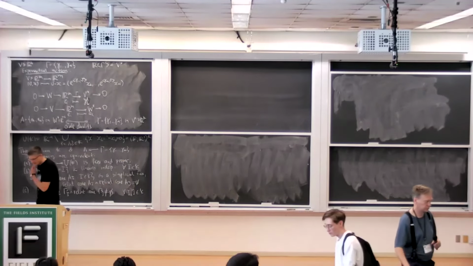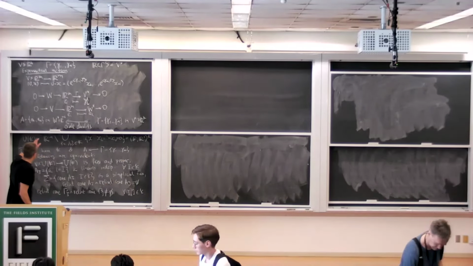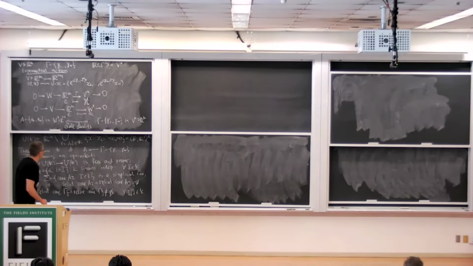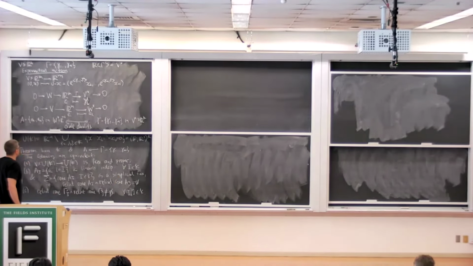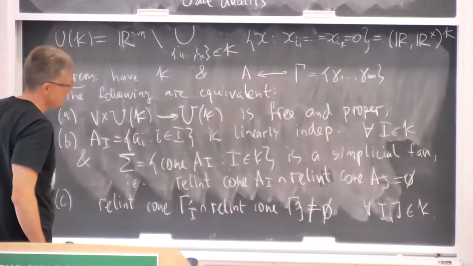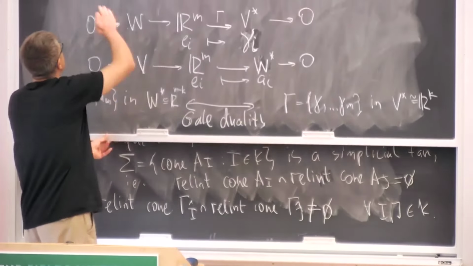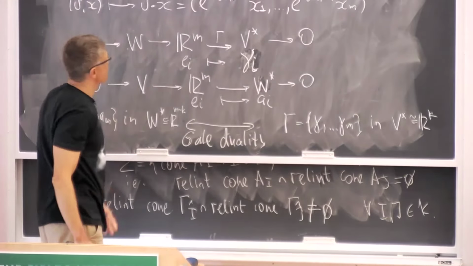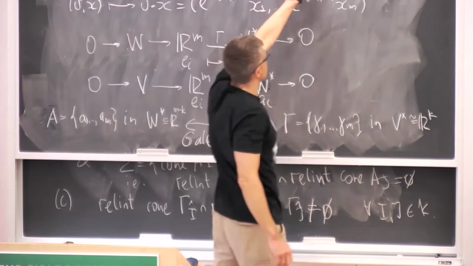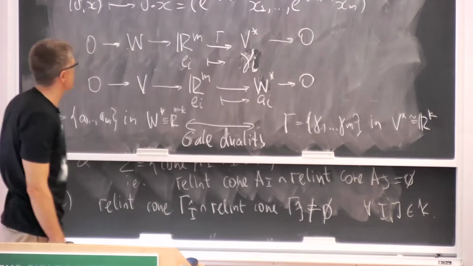Yeah, so here I put some summary of what we discussed yesterday. We have a k-dimensional vector space, and we have a spanning vector configuration in the dual space.